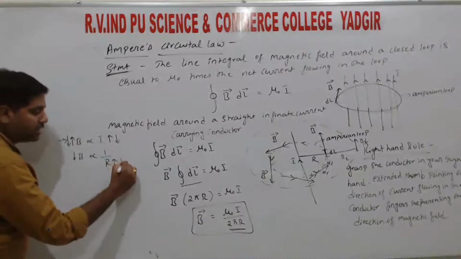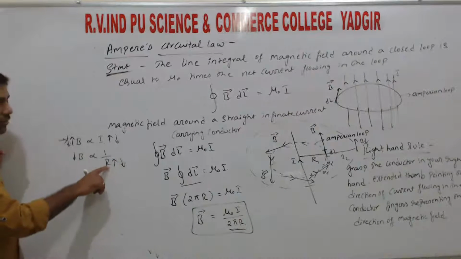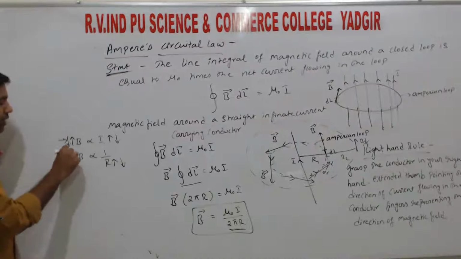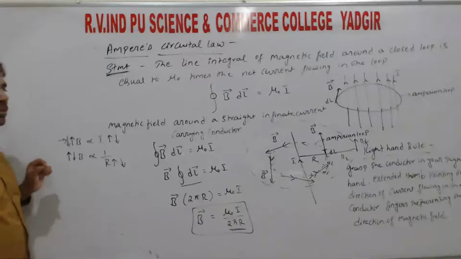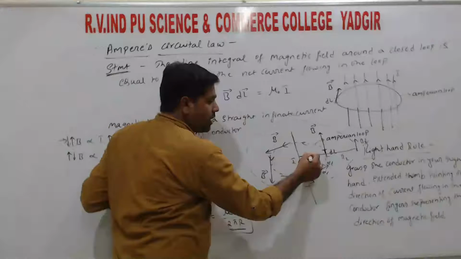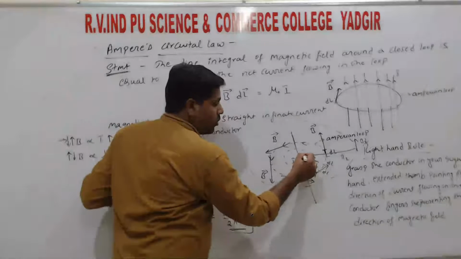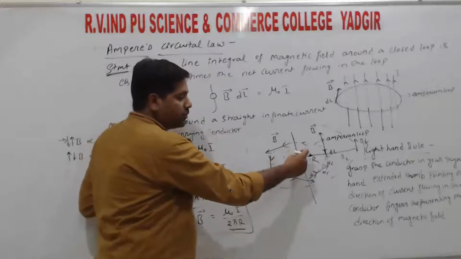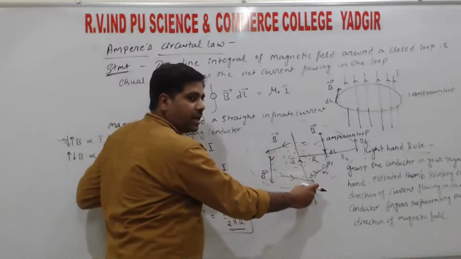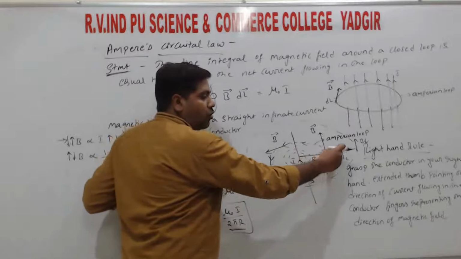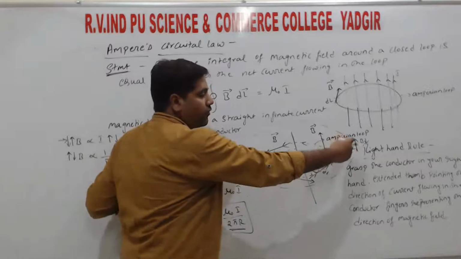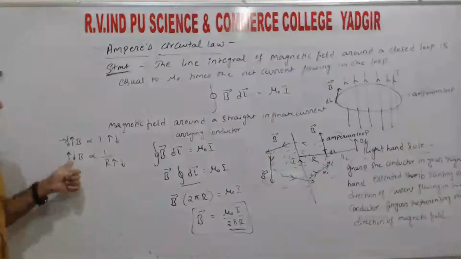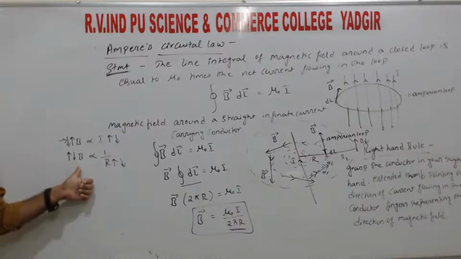As the radius of the surface decreases, the magnetic field increases. So if we draw surfaces near the current carrying conductor, the magnetic field is higher there. That means the magnetic field near the current carrying conductor is more than at the outer surfaces. As the surface and radius increase, the magnetic field strength keeps decreasing.